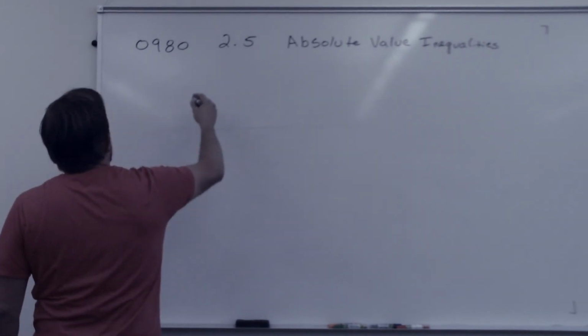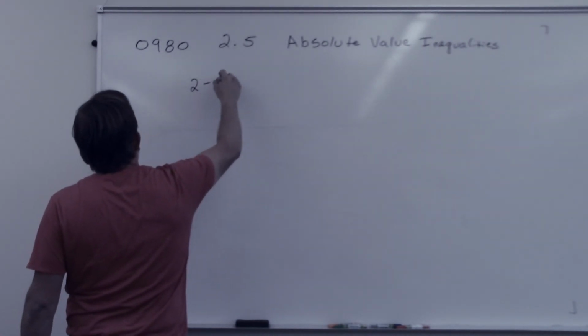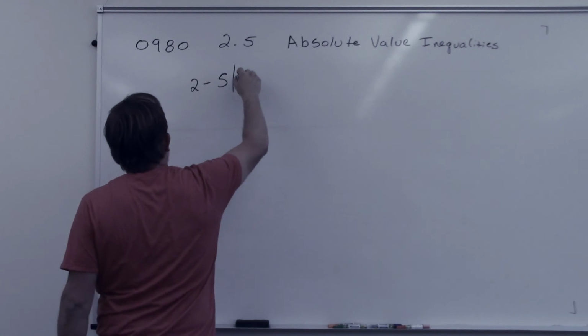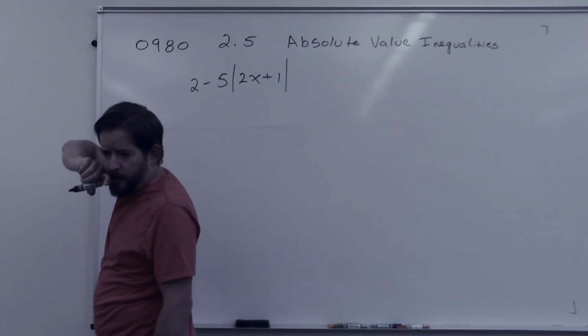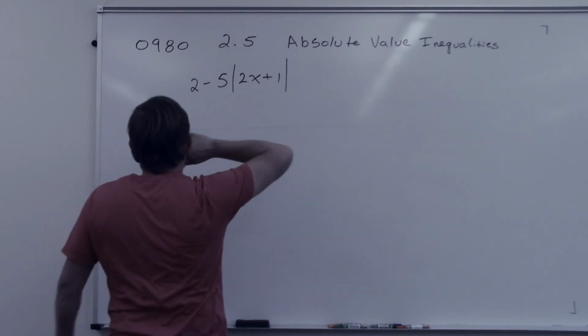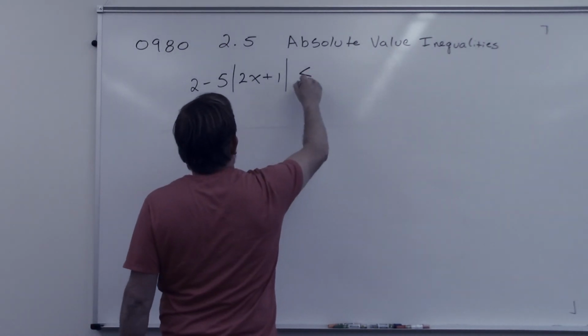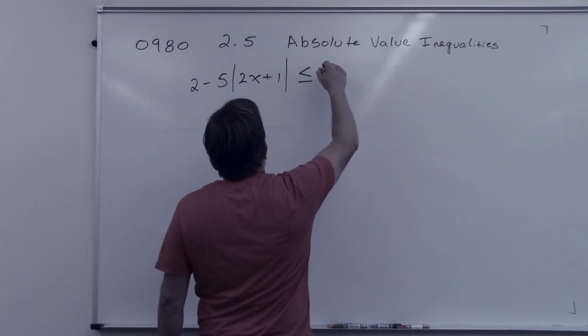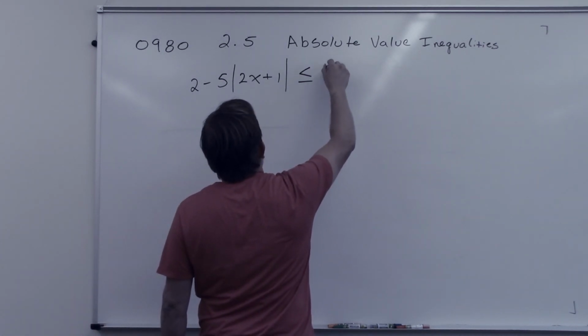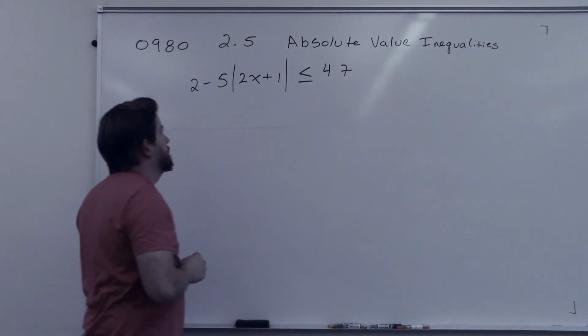Let's look at, let's say, 2 minus 5 times the magnitude of 2x plus 1 is, I want this less than, you need less than or equal to if you want here, but let's say 47. Okay.